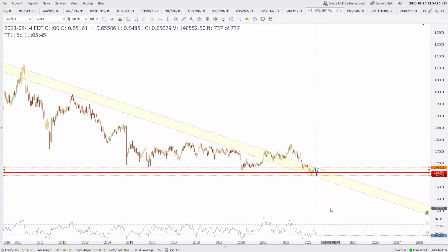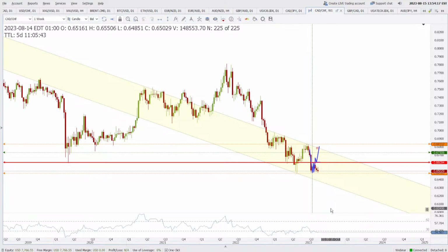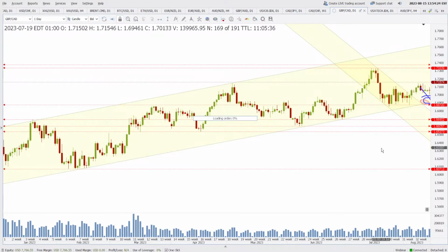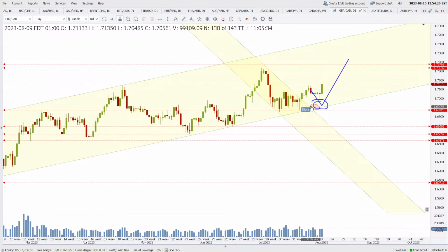So CAD CHF is at lifetime lows. I think below 0.6476 it will be a lifetime low. GBP against the Canadian dollar, you were looking for a buying opportunity here, but that did not come. 1.7333 is the resistance. That is all.